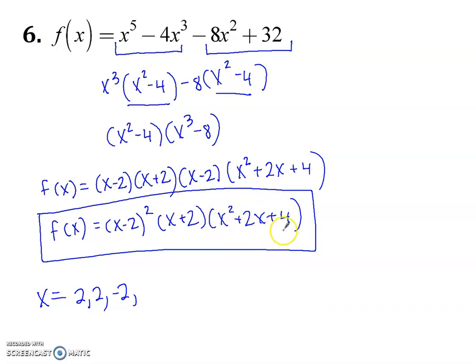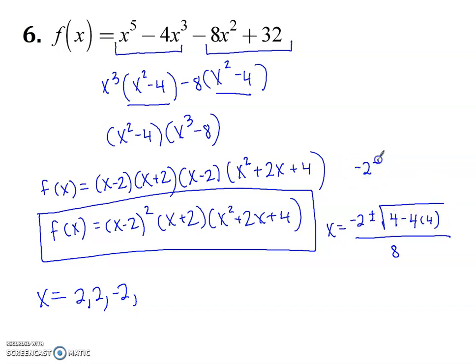My last 2 are going to come from this one. Okay, so I'm going to have to do quadratic formula here. So that'll be negative 2 plus or minus 2 squared is 4 minus 4 times, that's 1 times 4, all over 2a, which is 2. Okay. So I know this is negative 12, 4 minus 16.